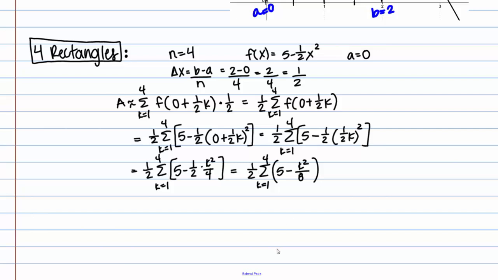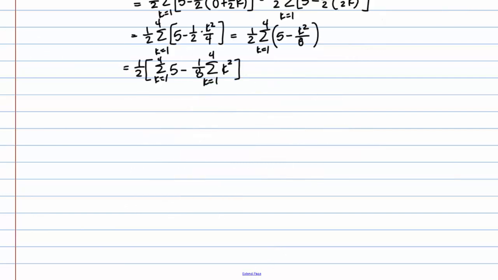First, let's split it up. I have 1/2 out front, but I can split up this sum into two pieces: the sum of 5 minus, and I'm going to pull this constant out front, 1/8 times the sum of k squared. Now I just use my summation formulas for constant and for k squared. Let me paste those out to the side to remind us of what those are.